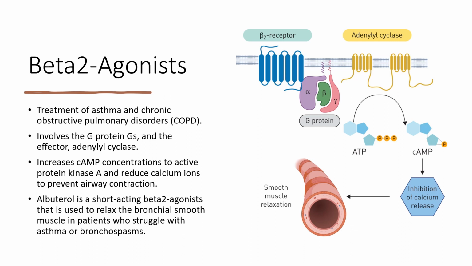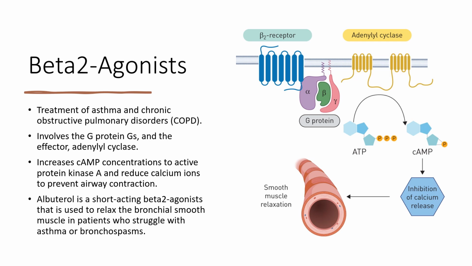When this drug is injected or consumed, it increases the cAMP concentration to activate protein kinase A and reduce calcium ions to prevent airway contractions, which can be seen on the right-hand side here. So you have a beta-2 receptor, and you have the G protein with its 3 subunits, and then it has the activation of adenylyl cyclase.